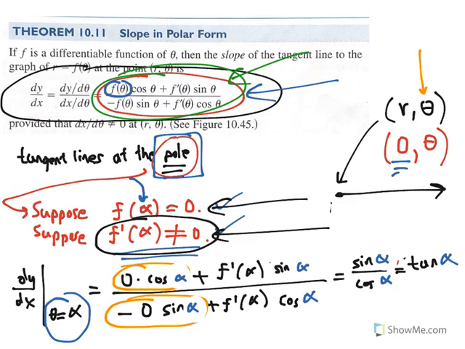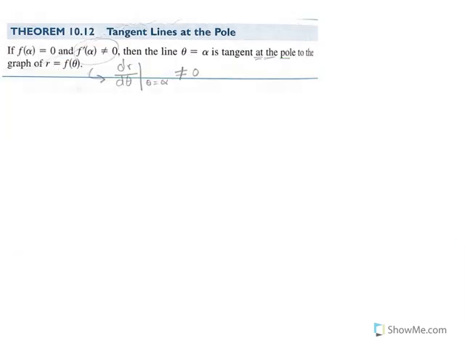The slopes of tangent lines at the pole for graphs of polar equations will be given by tangent of alpha, where alpha is the angle that gives you a point at the pole. And you can see that this result is derived from Theorem 10.1, slope in polar form. And that result is stated as Theorem 10.12, tangent lines at the pole.